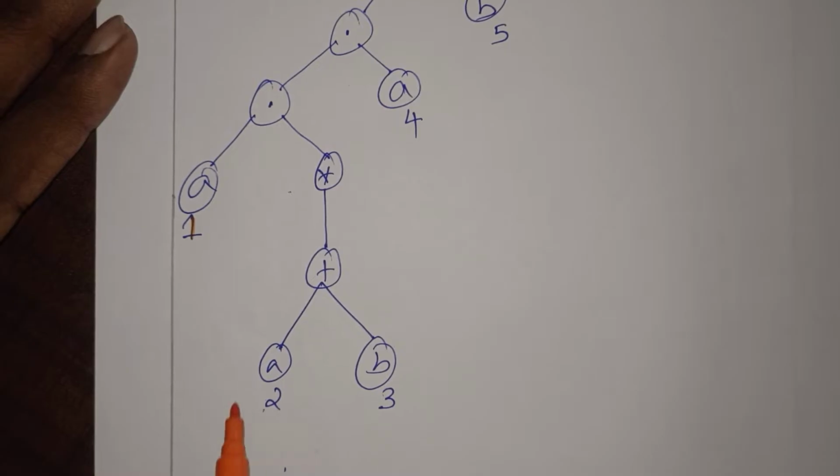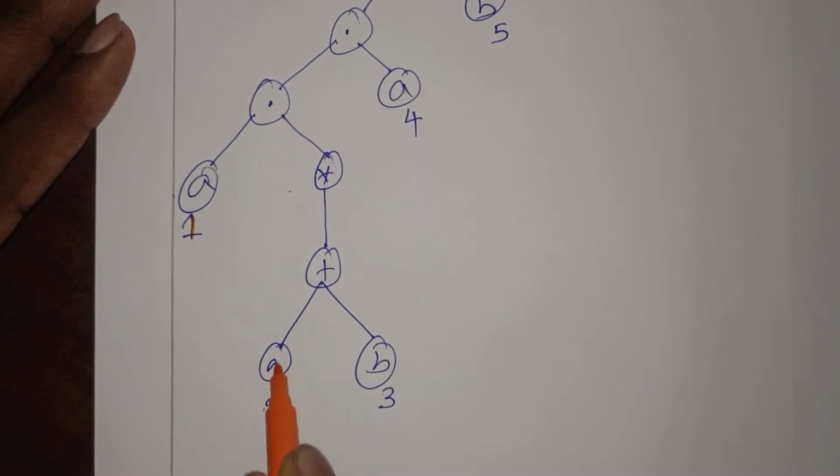Now the first of a. If you recall this procedure, the first of asterisk, or the first of a, or the first of b, always reflects the same value.